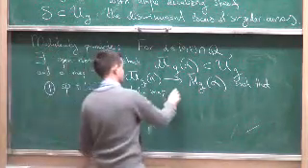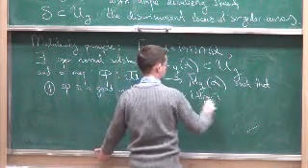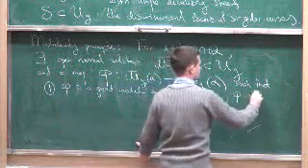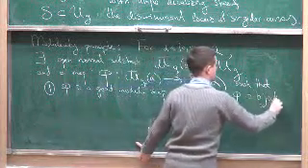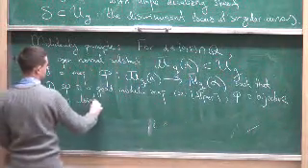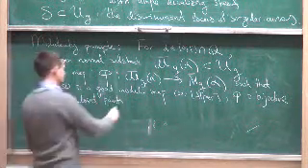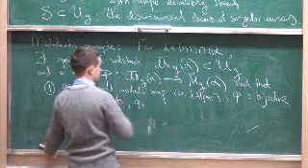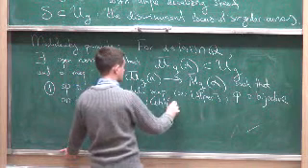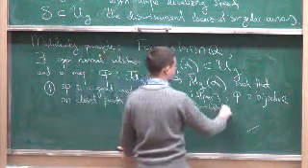So what it means is that phi is bijective on closed field-valued points, and phi push-forward is an exact functor from the category of coherent sheaves upstairs to the category of coherent sheaves downstairs.